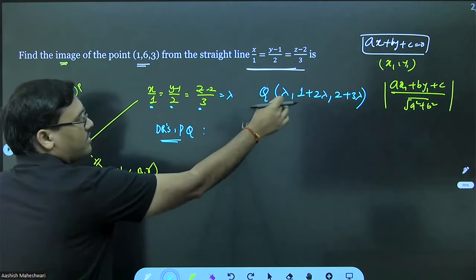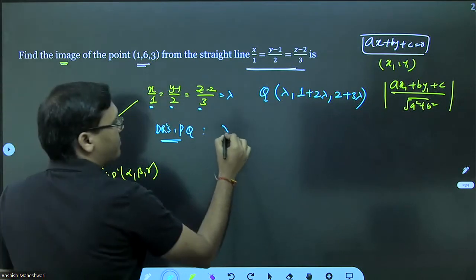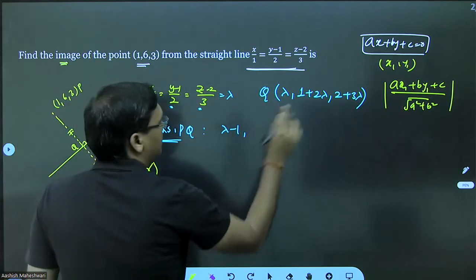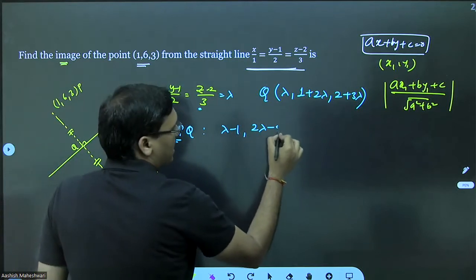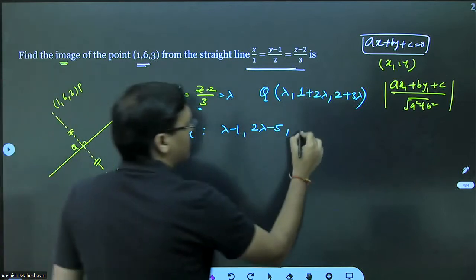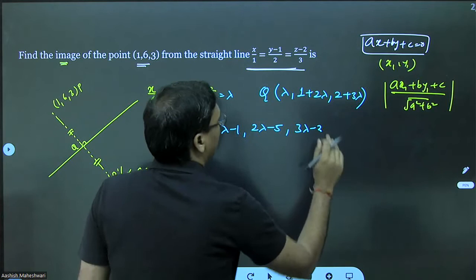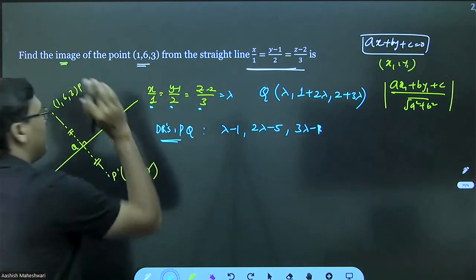This is the coordinate of Q, this is the coordinate of P. I can subtract. This is lambda minus 1, then 1 plus 2 lambda minus 6, so this is 2 lambda minus 5, and this is 2 plus 3 lambda minus 3, which will become 3 lambda minus 1. This is minus 1, right? 2 lambda minus 3, right?